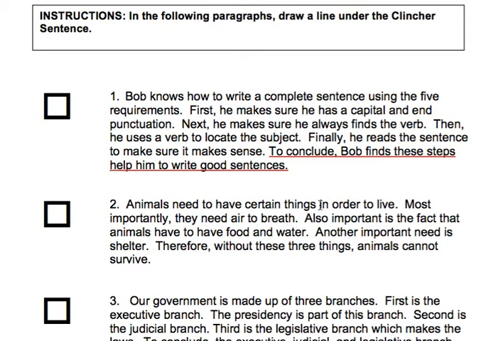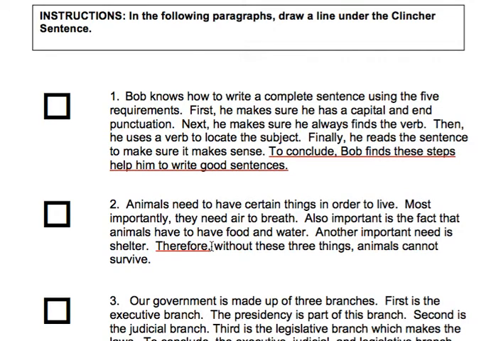"Animals need to have certain things in order to live" is a cluing topic sentence. We have the word "certain" as a clue word. "Most importantly," "also important," and "another important need" would be my transitions. And then I have my concluding transition at the end.